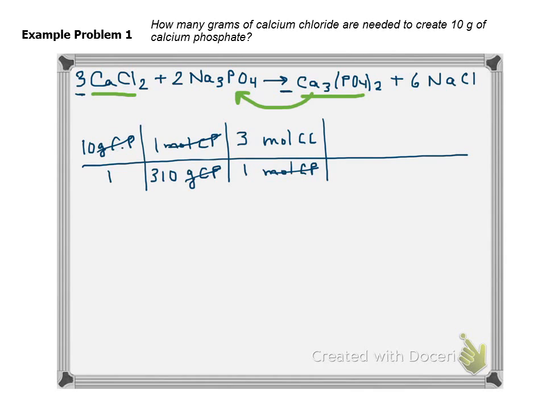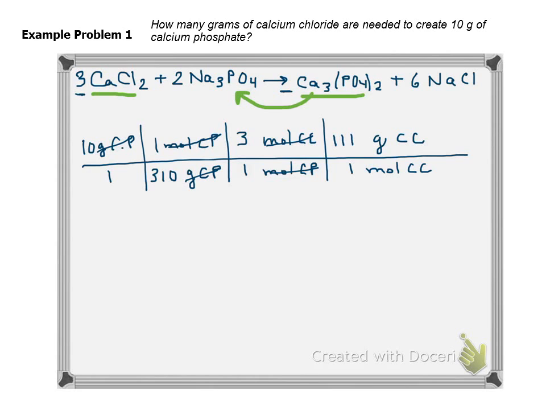So I want to cancel out moles of calcium chloride, and I want to know how many grams that is. So once again, I will go to the periodic table and determine the molar mass of calcium chloride, which is 111 grams for every 1 mole.